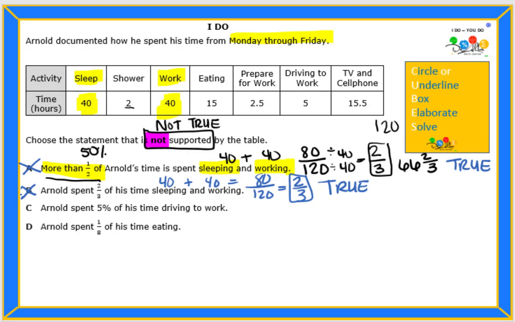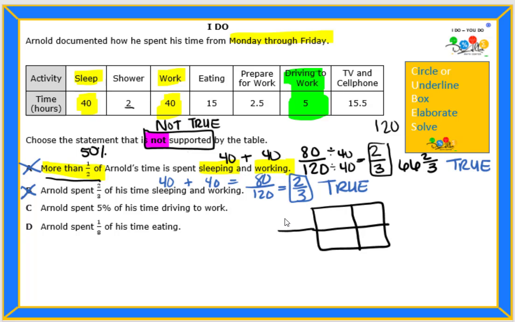Let's go ahead and look at answer choice C. It says Arnold spent 5% of his time driving to work. So let's look at driving to work. Driving to work is 5. That doesn't mean 5%. That 5 is in a regular number format. So we're going to make a percent box. That is the thing that we use to convert between fractions and decimals.